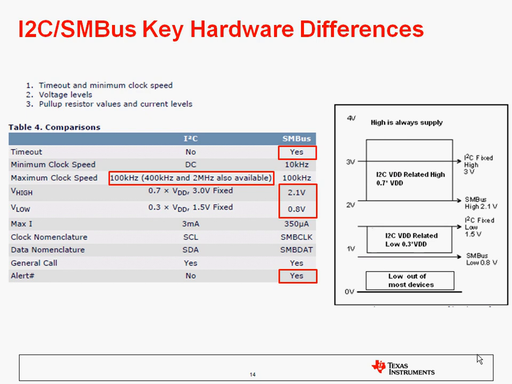SMBus is specified only at 100 kilohertz, but what you'll find is most of the PMBus devices today will support up to 400 kilohertz and even faster in the future. The other difference is the alert line, and then one last detail is in the thresholds. The high and low thresholds are more in line with standard TTL thresholds rather than CMOS levels, and that generally is more compatible with today's newer logic circuits.